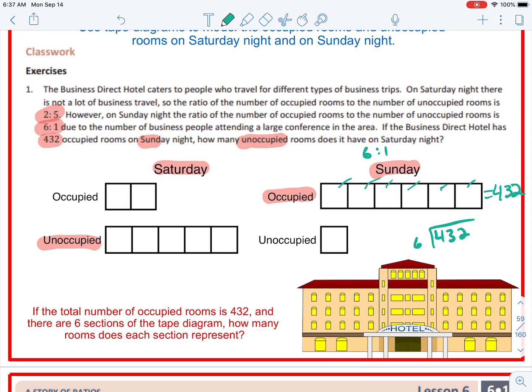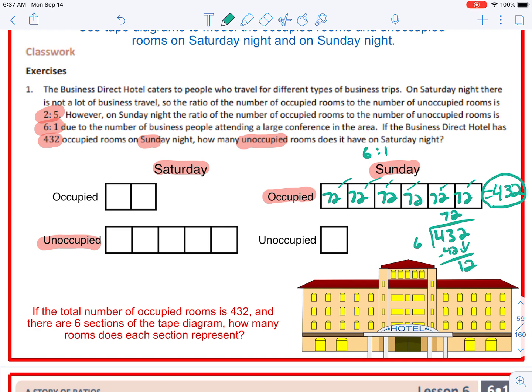6 goes into 43 7 times, equals 42. Bring down the 2, making 12, and then 6 goes into 12 twice. And that's our answer, 72. So 72 is going to go in each of these units. 72 times 6 is 432.